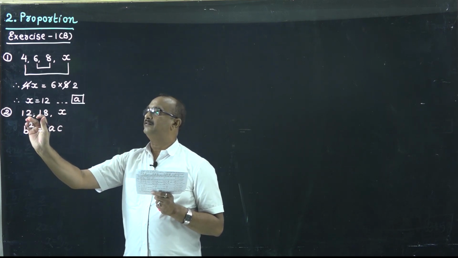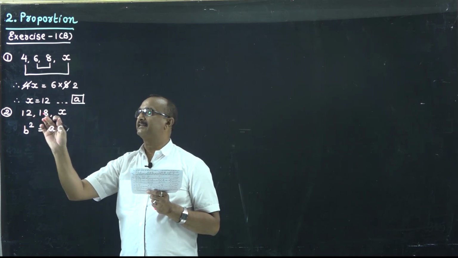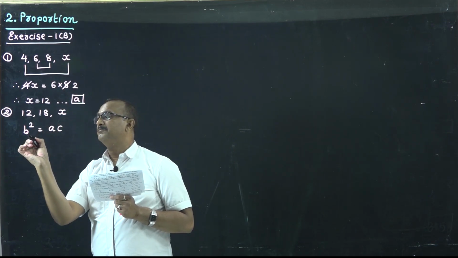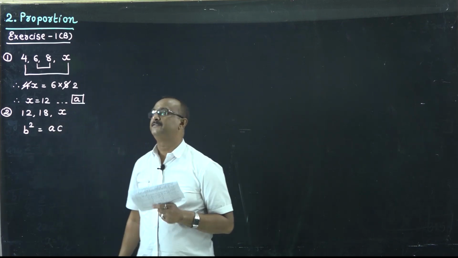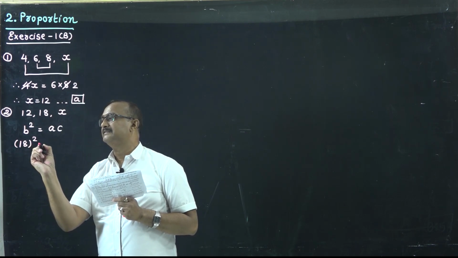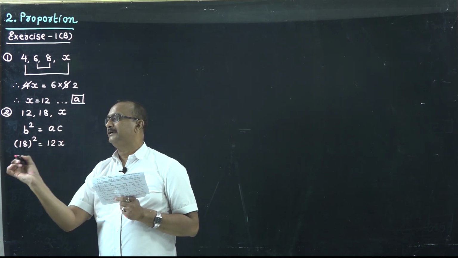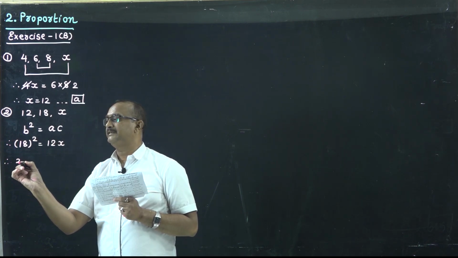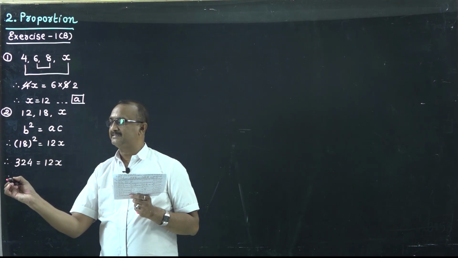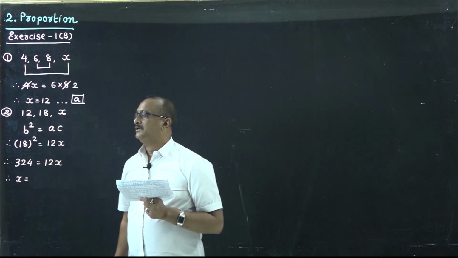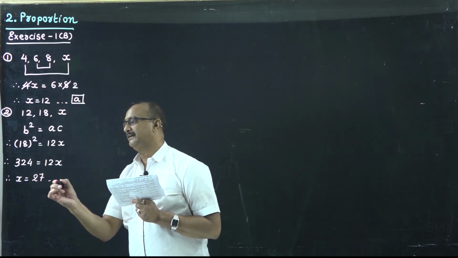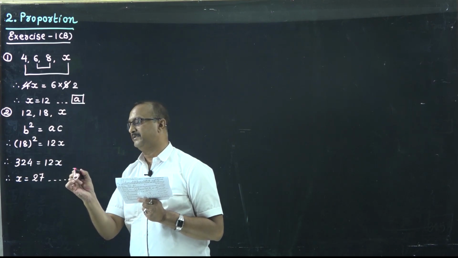If the first term is A, second term is B and third term is C, the formula is mean square equals product of extremes. B square means 18 whole square is equal to 12x. 18 square is 324 equal to 12x. Therefore x is equal to 324 by 12, it becomes 27. And the correct answer is B.